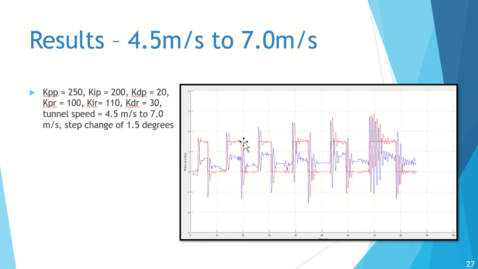These are some more results here of doing the same. This is increasing the tunnel speed with a fixed gain. So you've designed the controller at a speed of 4.5 meters per second, and it's got this performance here, and then we just increase the tunnel speed over time. As the tunnel speed goes up, the gain of the system goes up, and you can see it becomes less and less stable. Still stable, but less and less stable.